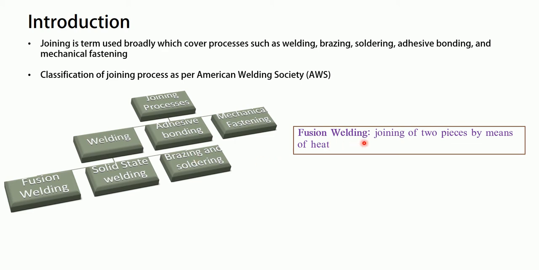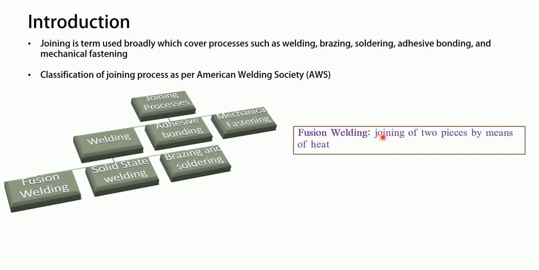Fusion welding: joining of two pieces by means of heat is nothing but fusion welding. So the role of heat for the joining of two pieces is important in case of fusion welding. With the help of heat, the melting of that particular location of the two pieces will be done and after that it will be allowed to solidify.